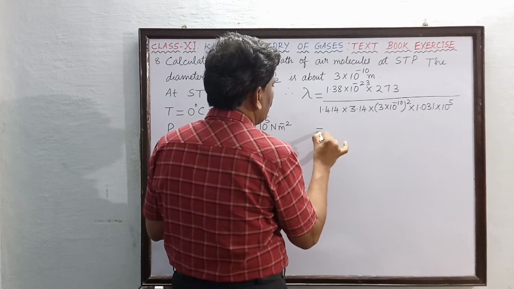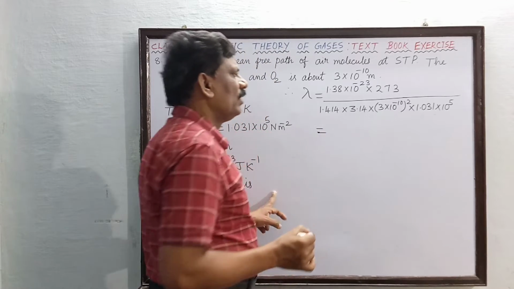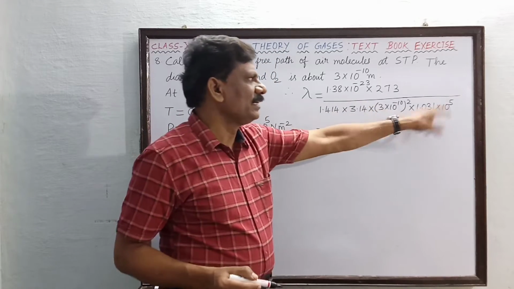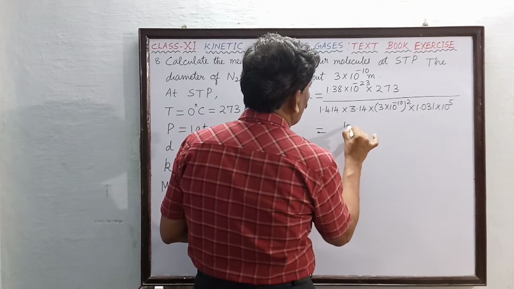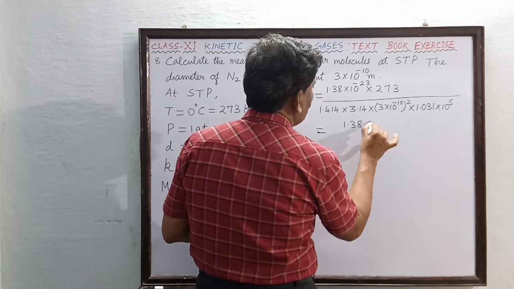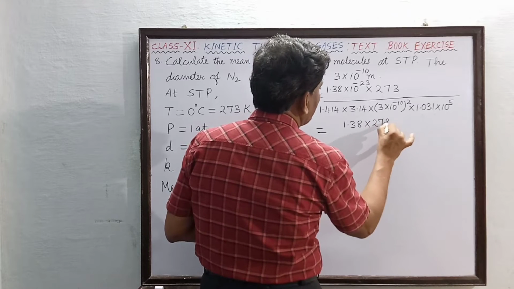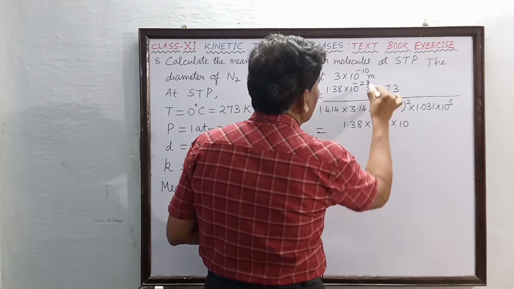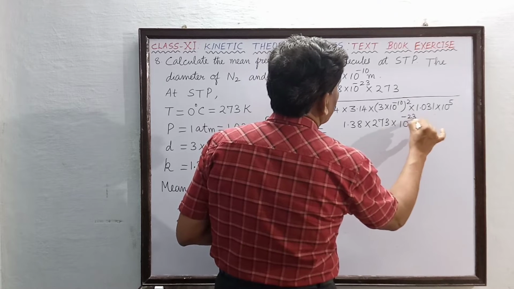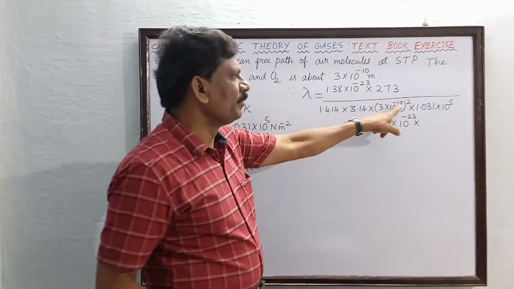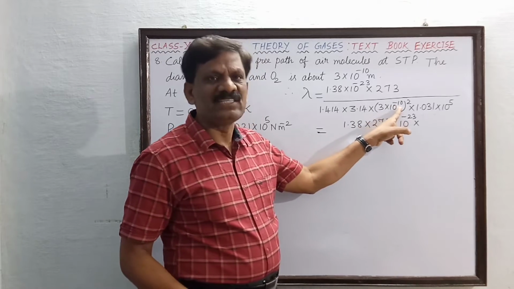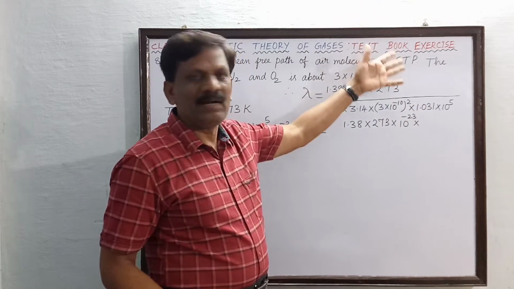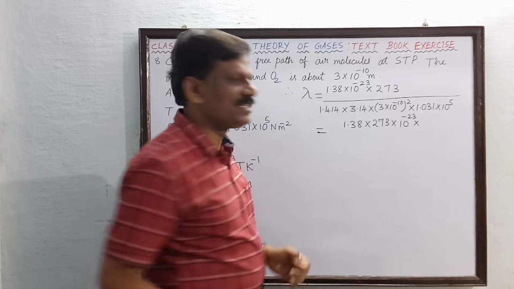So now lambda is equal to, all the 10 powers I will keep for the end, and the remaining numbers we will multiply. So this is 1.38 into 273 into 10^-23, into, here 10^-10 the whole square will be 10^-20, but when it comes to the denominator it will become 10^+20.